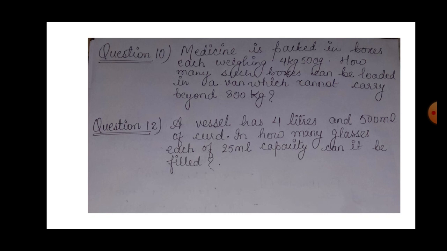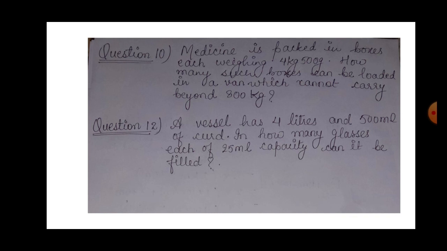Then in question number 12 you can also see, a vessel has 4 liter and 500 ml of curd. In how many glasses, each of 25 ml capacity, can it be filled? So both the questions are similar to question number 9. Before you do the calculation, you have to first convert the different units into similar units. The last question is asking how many glasses each of 25 ml capacity can be filled.